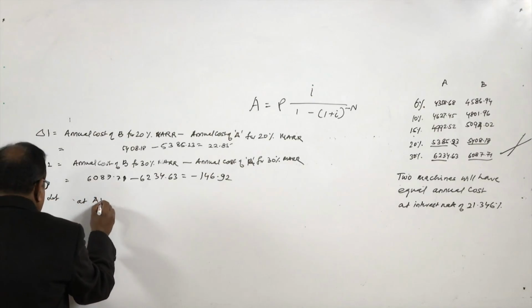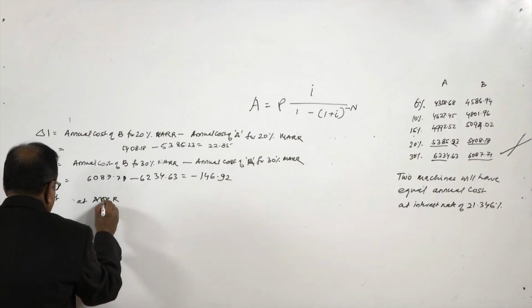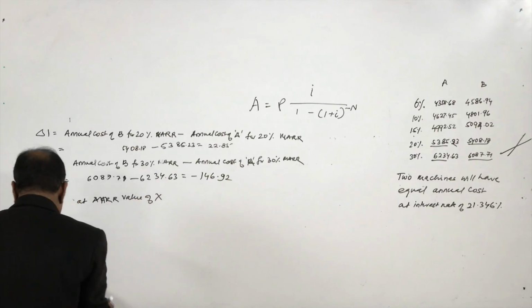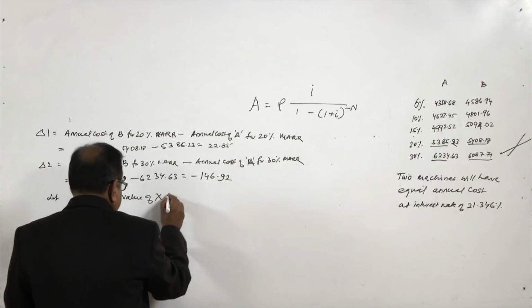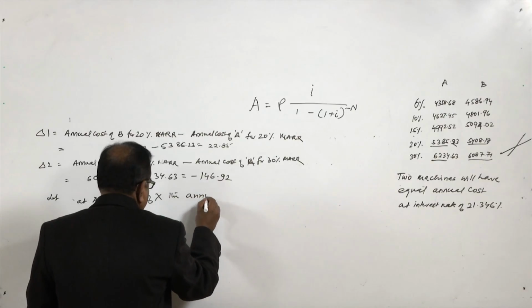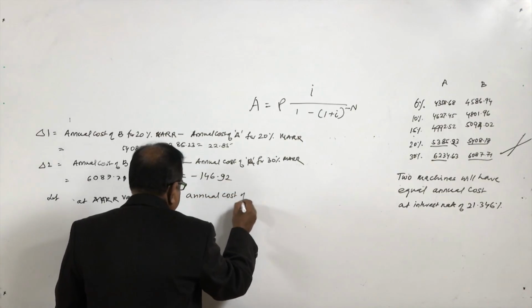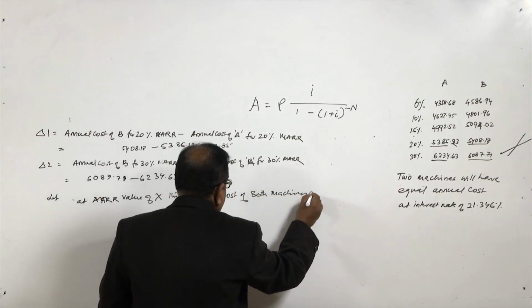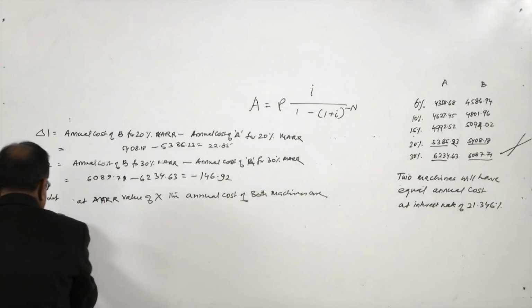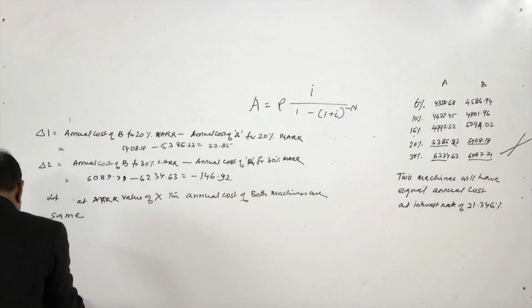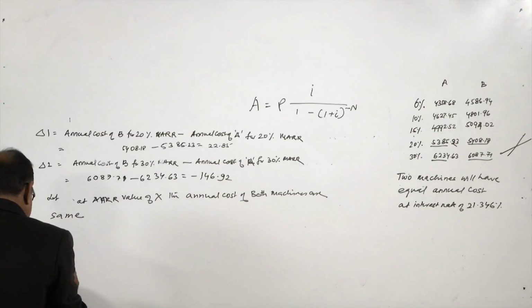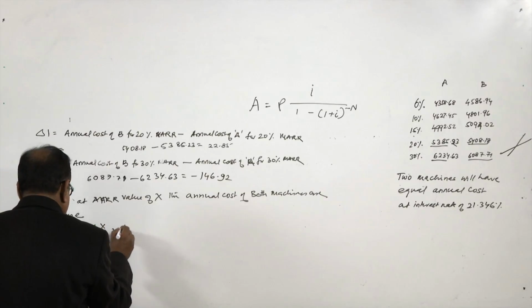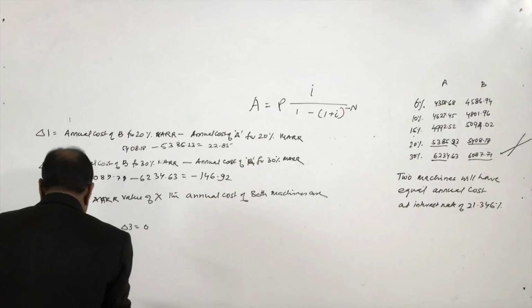Let at MARR value of x, the annual cost of both machines are the same. Okay. So, thus at x, if I call this delta 3, this is 0.